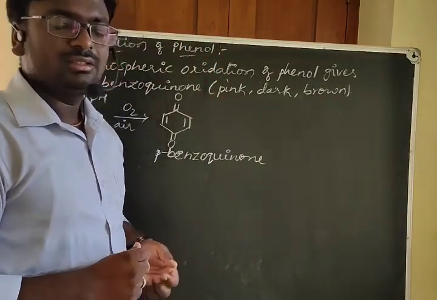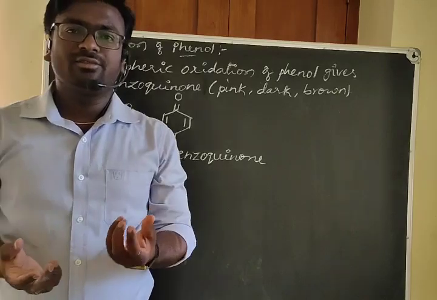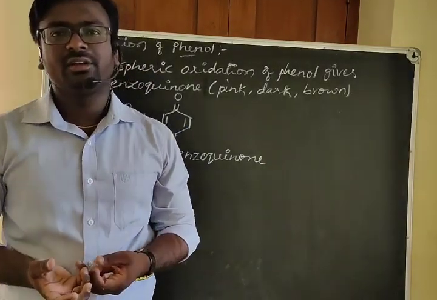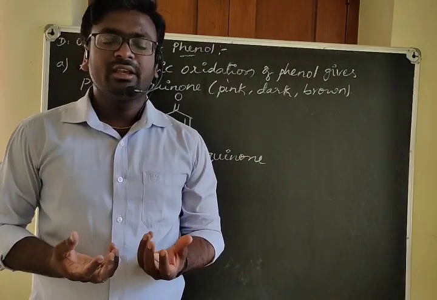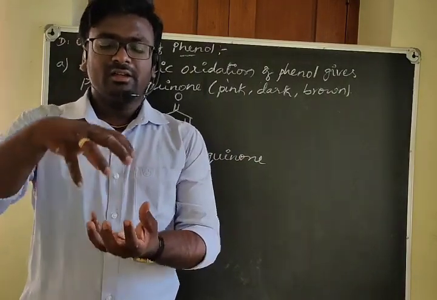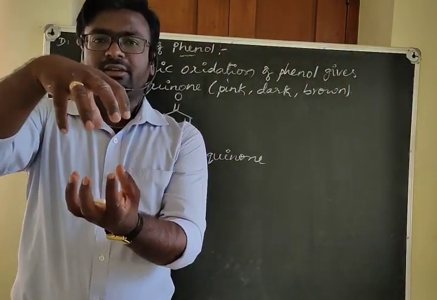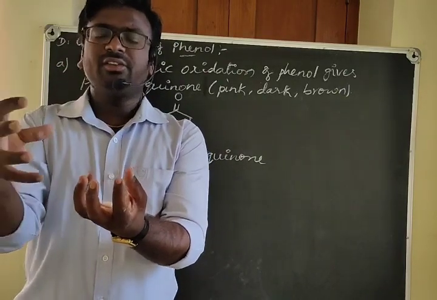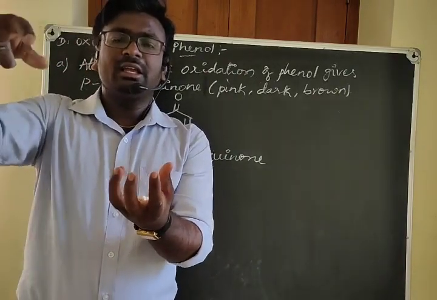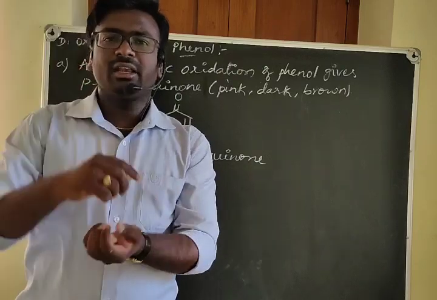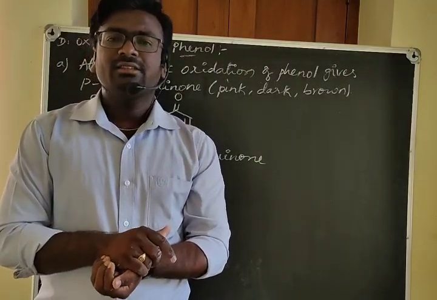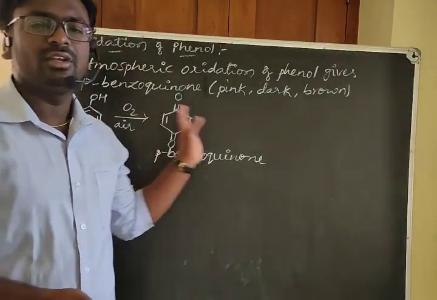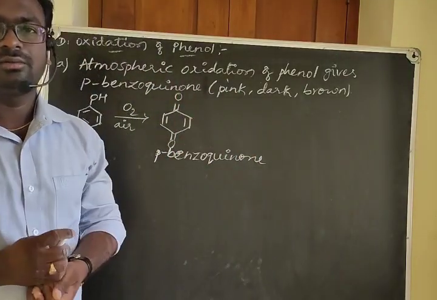Say, take a bottle of phenol. It is a volatile solid, as we have discussed in the physical properties of phenol. Take the bottle containing phenol and keep it open. After some time, you can see pink or brown coloration on the surface of the bottle. That is due to the oxidation of phenol to benzoquinone.